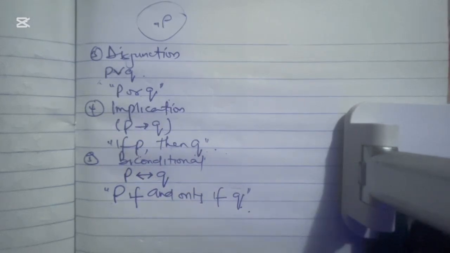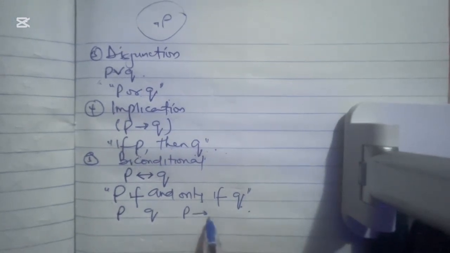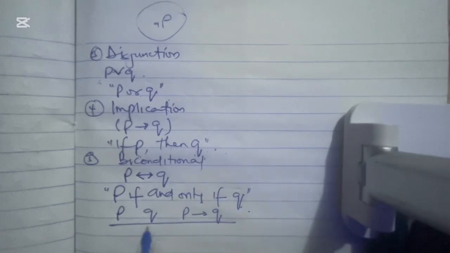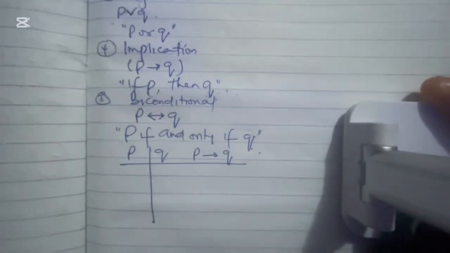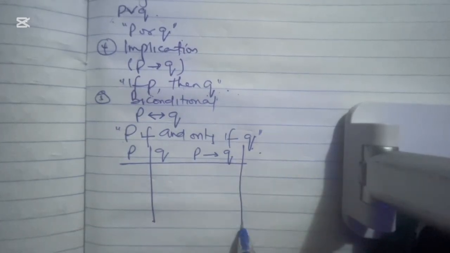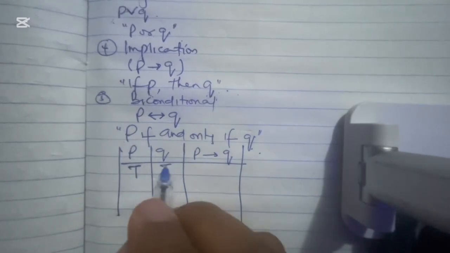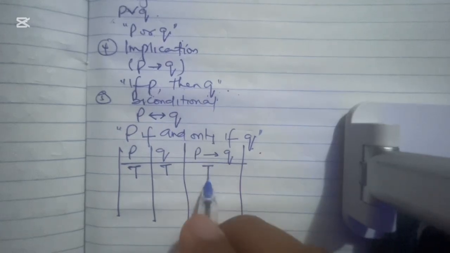I will create a summary of how the truth values combine. If we have P then Q, this is basically for implication. When P is true and Q is true, then the implication is true.